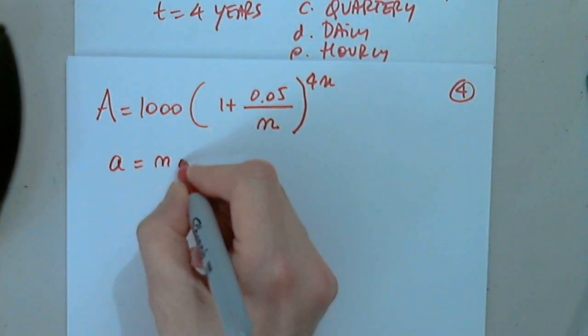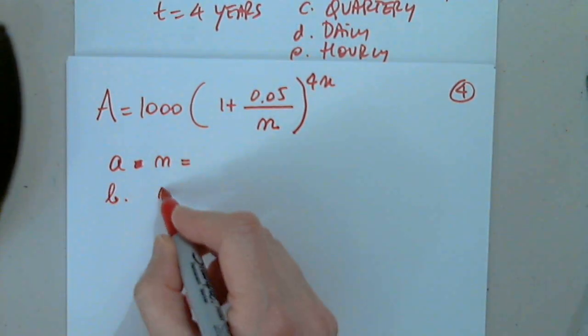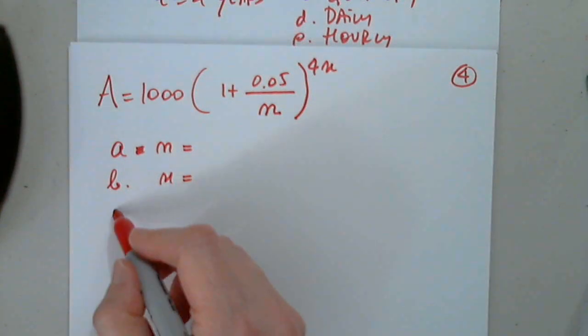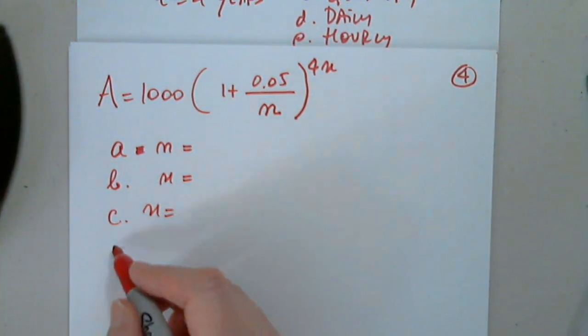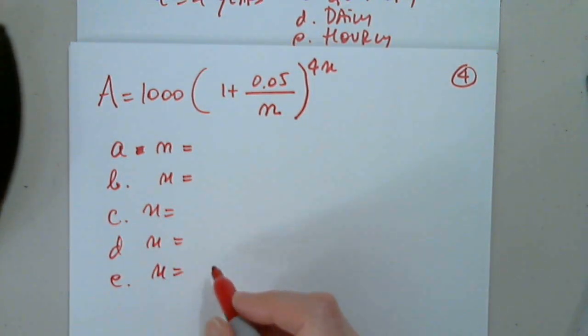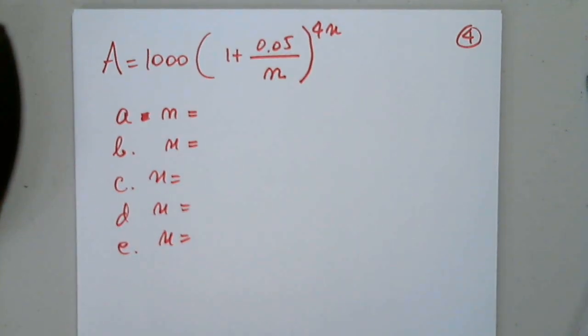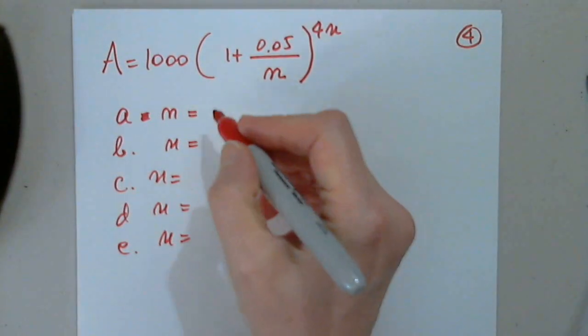So let's identify first of all what is n for A, what is n for B, what is n for part C, for part D, and for part E. And then I'll show you what we're going to do. So anyone I haven't heard from, like Nathan and Levi? A, n is 1. Yes, very good.